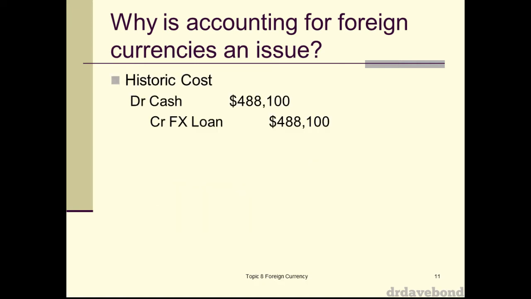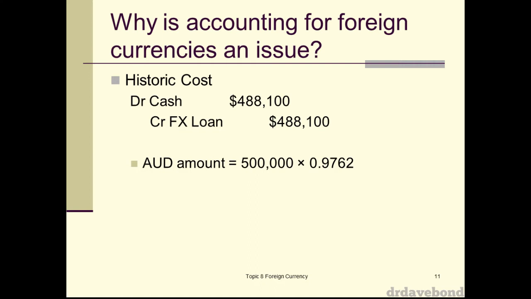So if we're using historic cost, we'll pick up cash coming through because we've got this foreign currency that we've brought in, and we credit some sort of foreign currency loan, whatever you want to call it, and that is equivalent to the $500,000 US you've borrowed at the exchange rate of 97 cents. So that $500,000 US is equivalent to about 488.